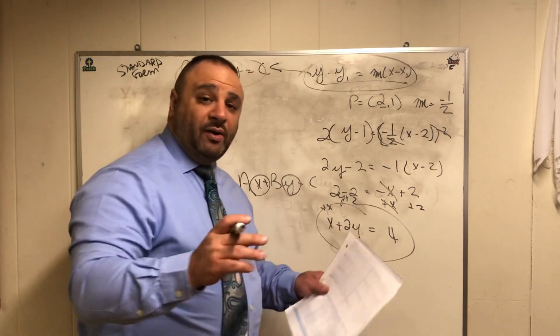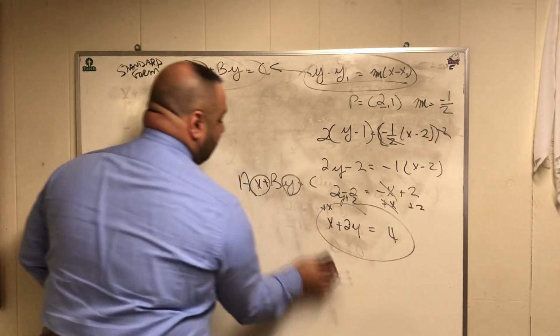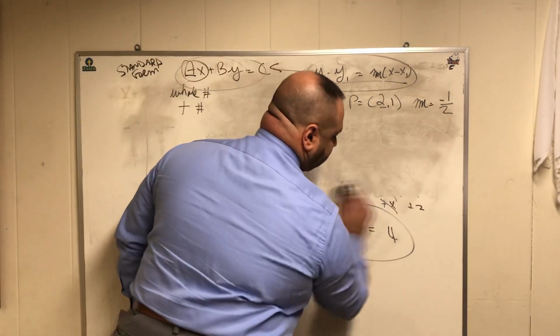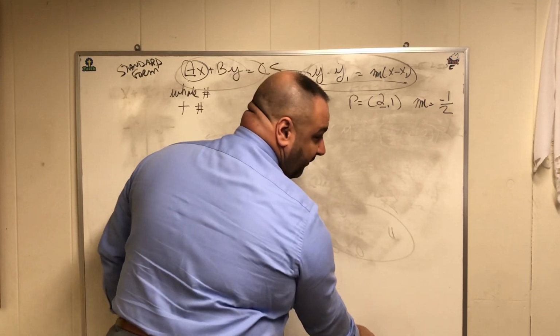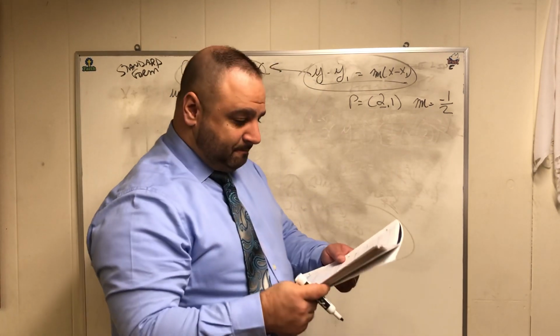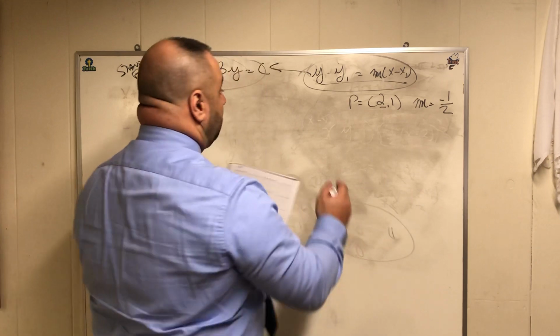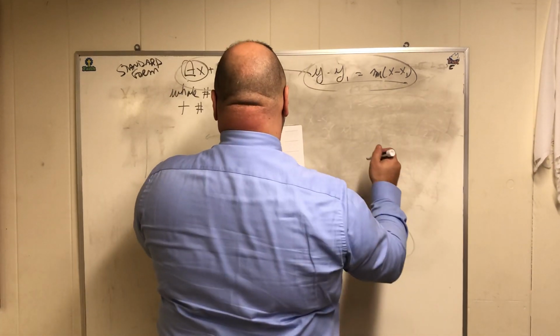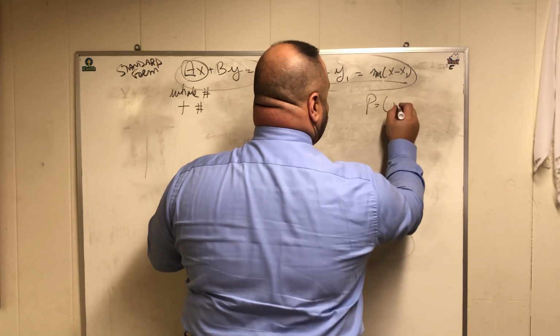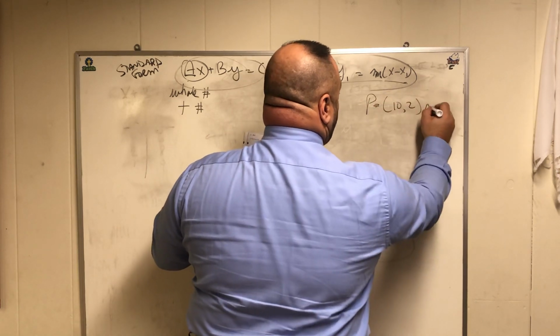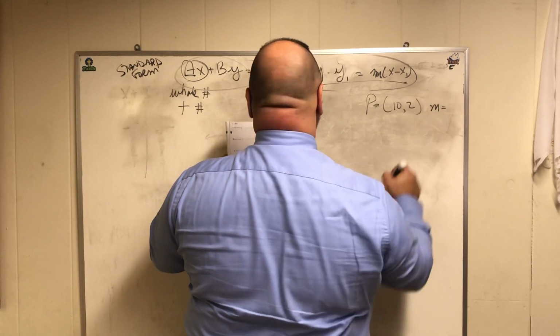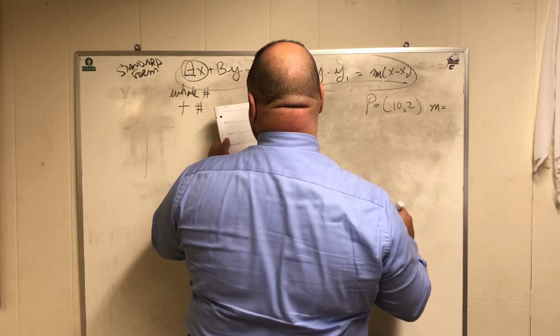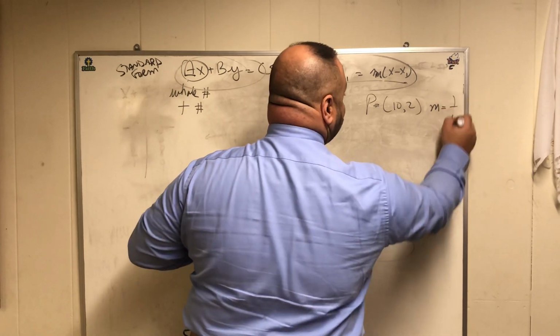Okay, so let's do another one. All right, so a little tricky. Let's do number 4. So number 4 is, we have 10, 2. So our point is 10, 2. And our slope is 1, 1. Okay.